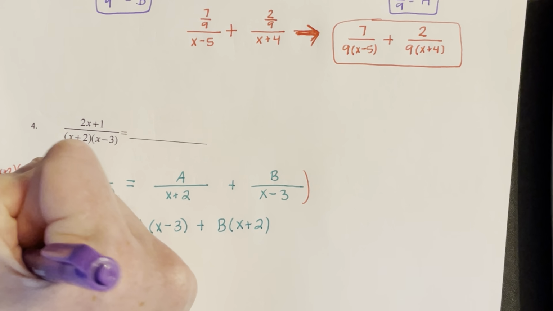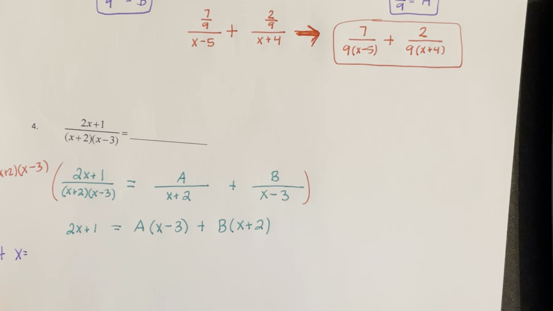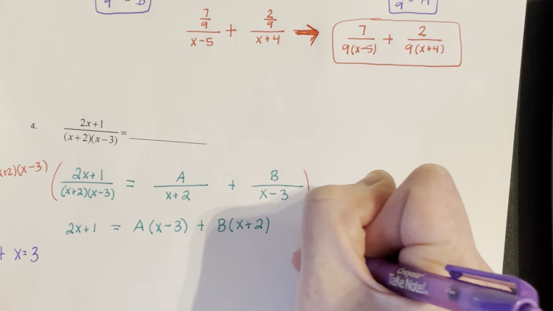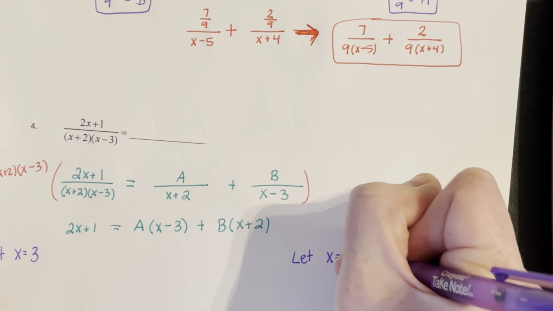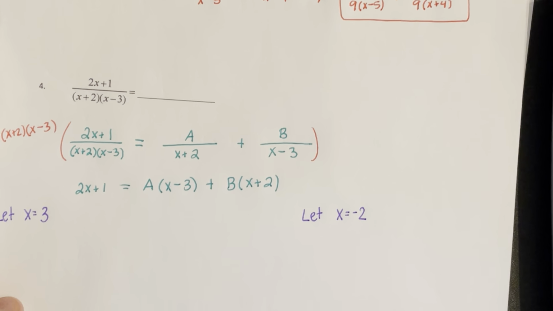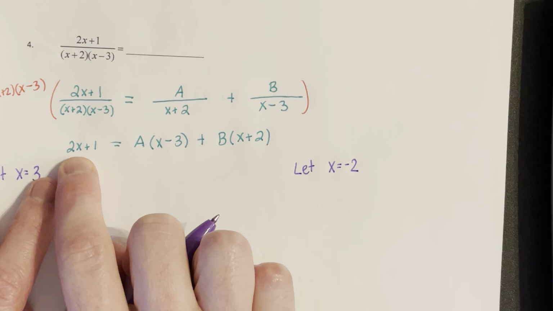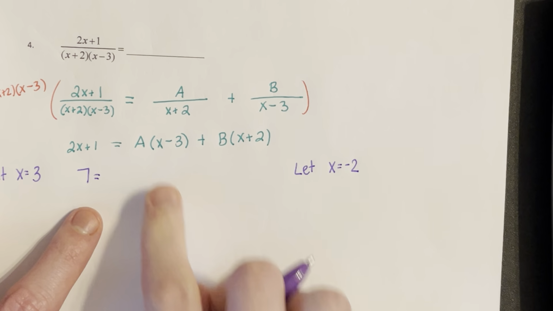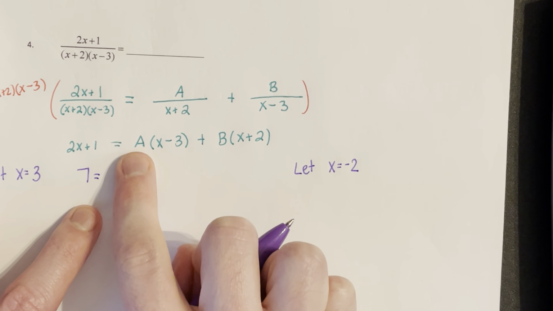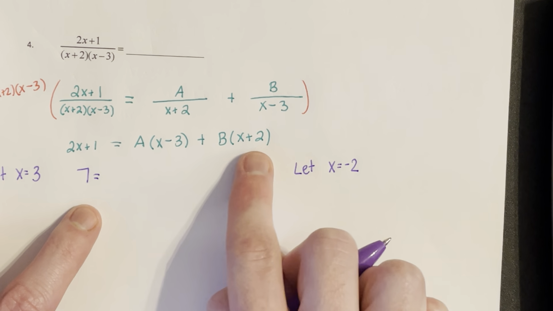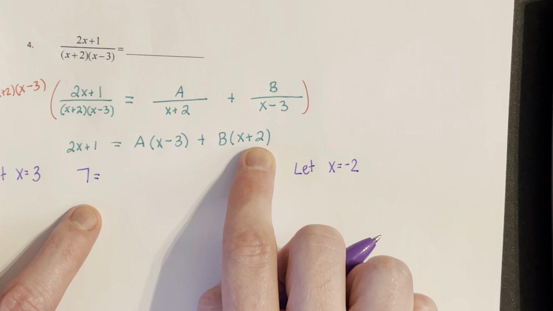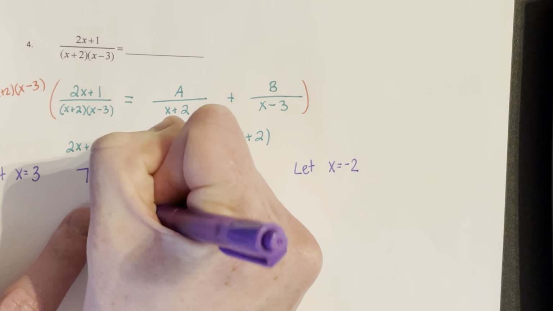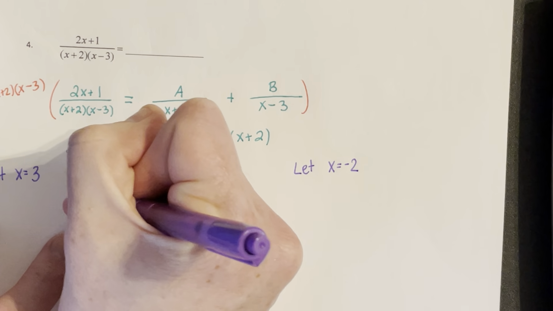So let x equal a positive 3, and the second one's going to be x equal to a negative 2. So when I plug this in, 3 here, 2 times 3 is 6, 6 plus 1 is 7. 3 minus 3 is 0, so 0 times a. But here we'd have 3 plus 2 is 5, 5 times b. So b is equal to 7/5.